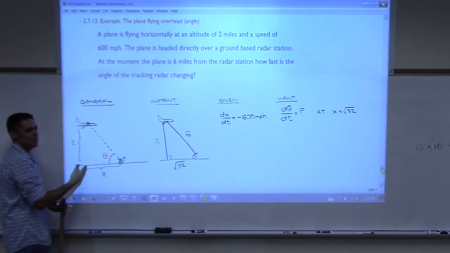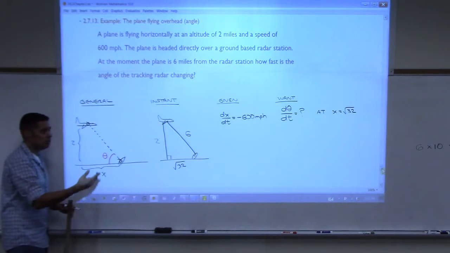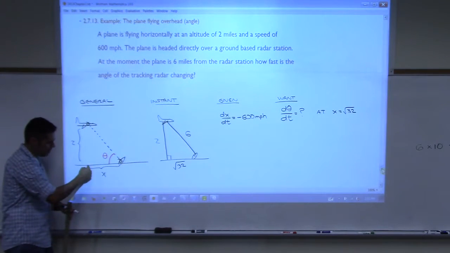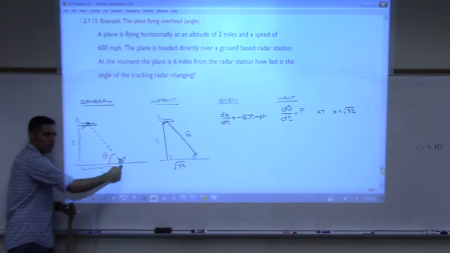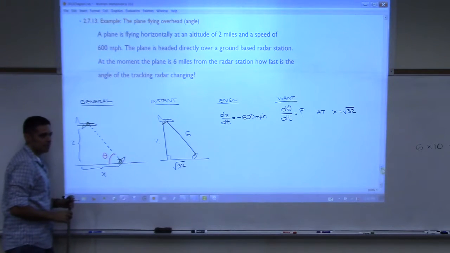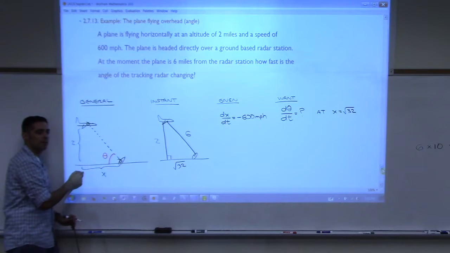For some reason, people do that. I mean, it's very natural that you would measure the distance down here straight across. I don't know if that answers the question. If they said, what is the horizontal distance? Then yes, I would agree it would be the distance from here to here.